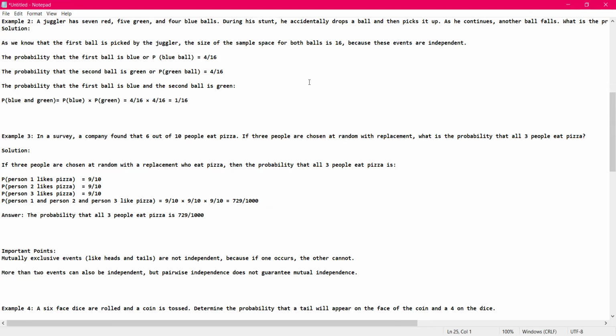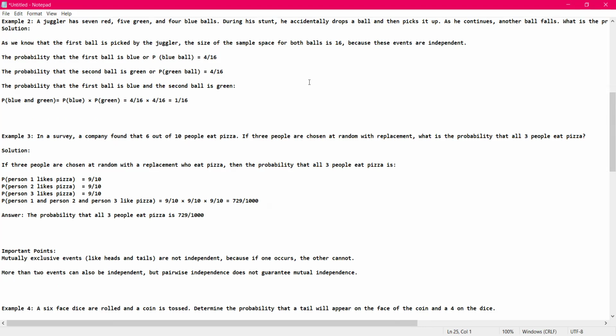It means he is doing his stunt. Accidentally, he dropped a ball, and again he picked it up. Like that he is continuing ball by ball, until another ball comes.